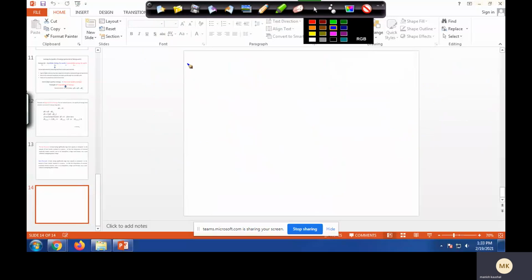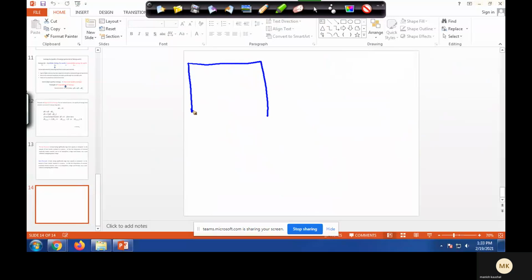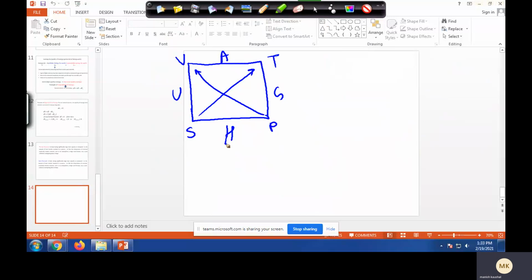So you remember this diagram where we said S to T, P to V. Then what you need to remember is, start from here, the order H, G, A, U. Now you can put any rhyme to remember this order H, G, A, U, right? Let me think what you can do.